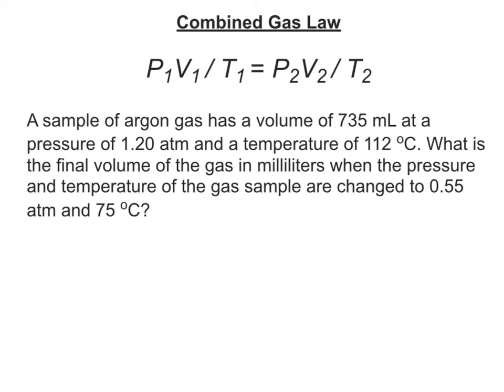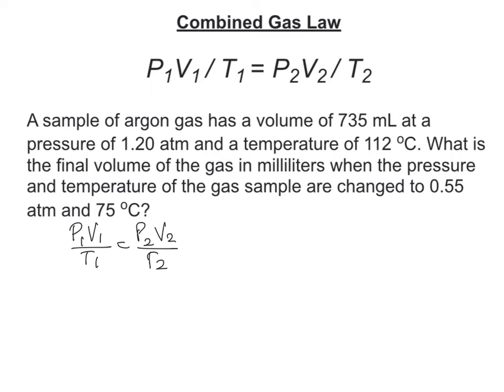So combined gas law is P1 V1 over T1 is equal to P2 V2 over T2. In gas law calculations, we have to convert the Celsius temperature to Kelvin before we substitute the temperature in the equation.